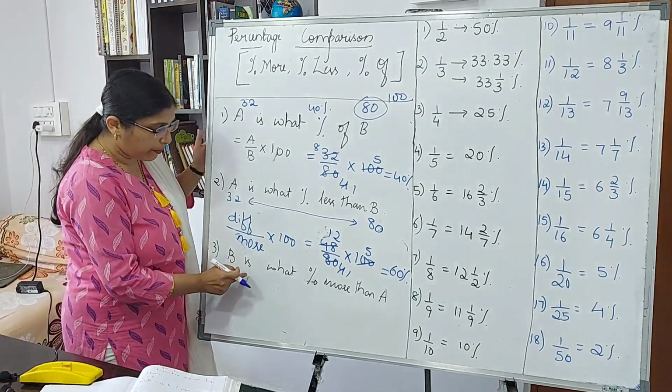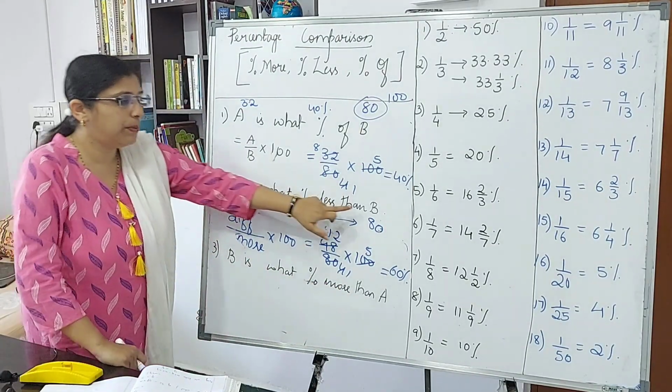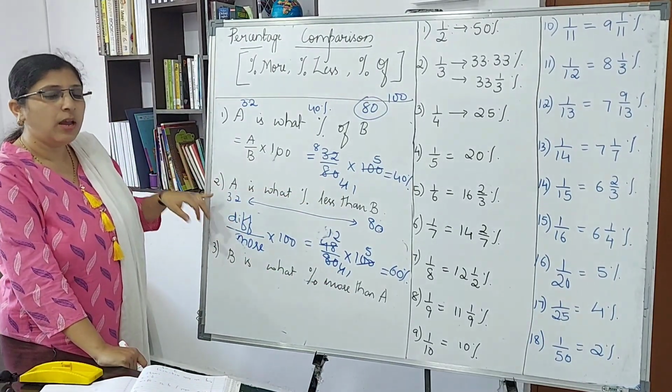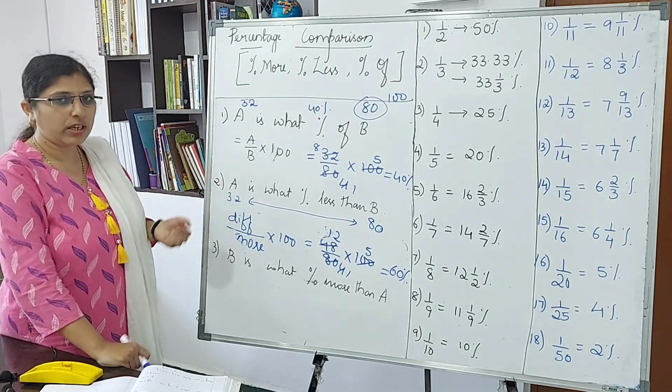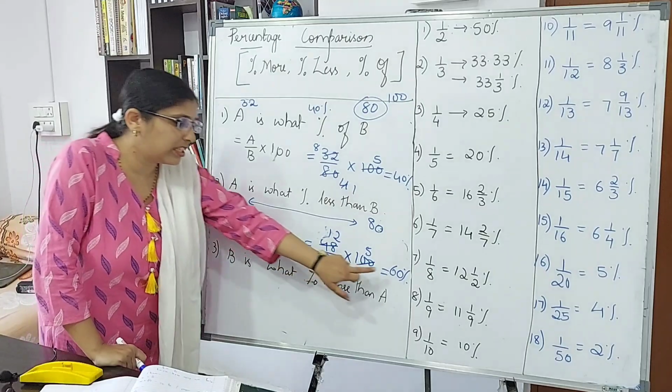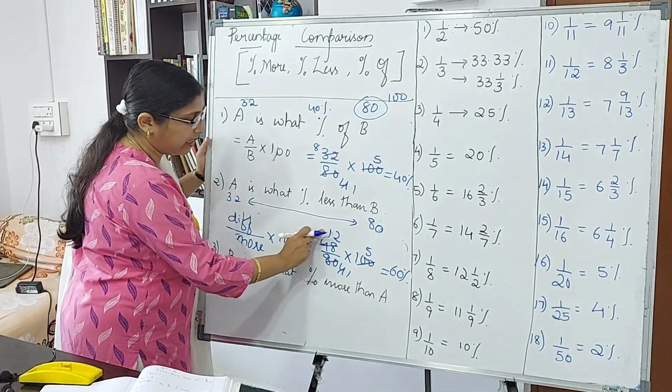Okay. Now, B is what percent more than A. Now we know that B is more and A is less. So how much percent is it more than A? Now don't say that it is 60% more than A, because it will not come like that.